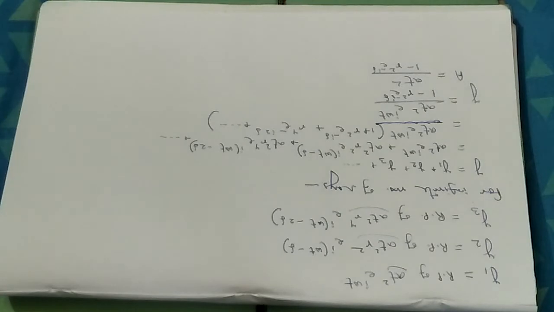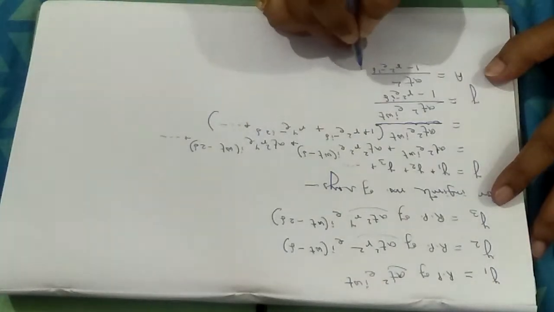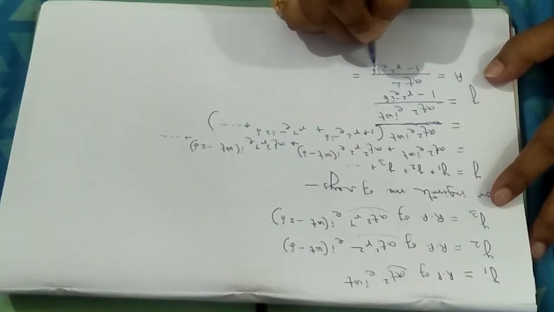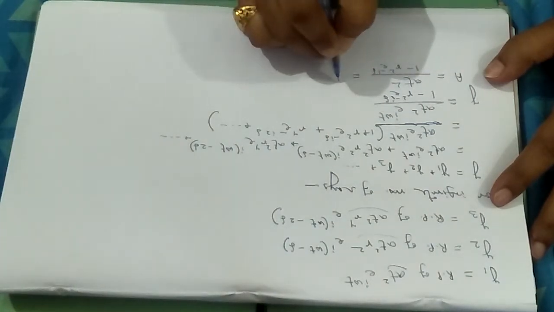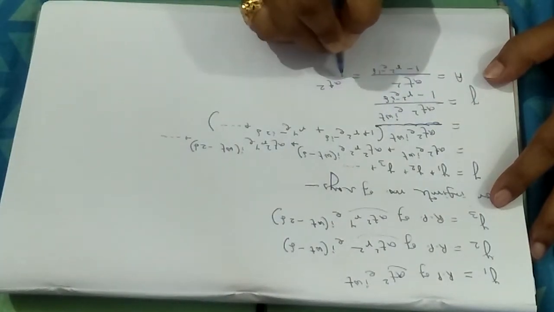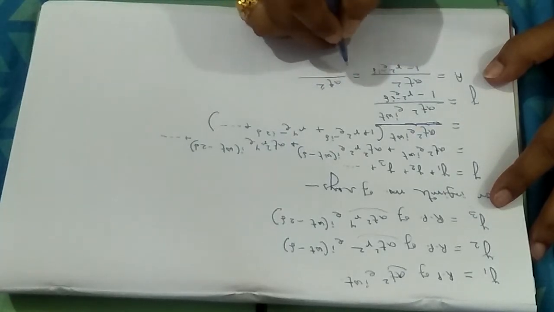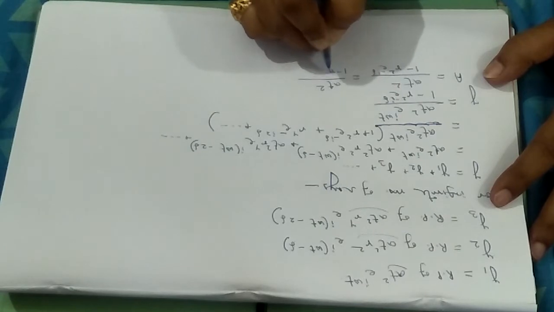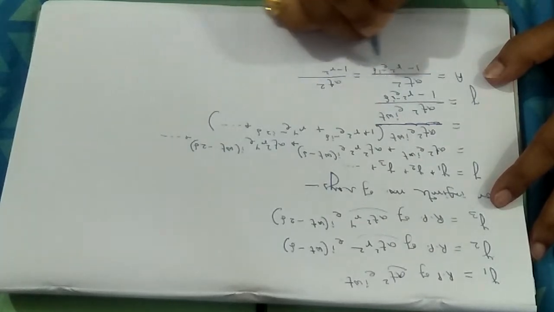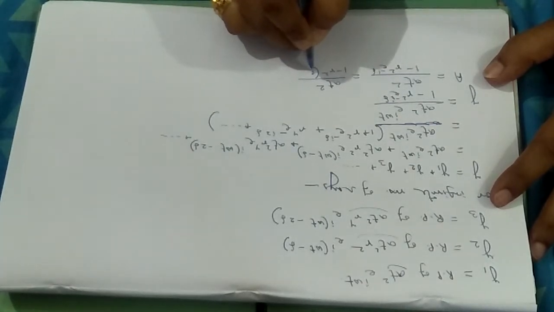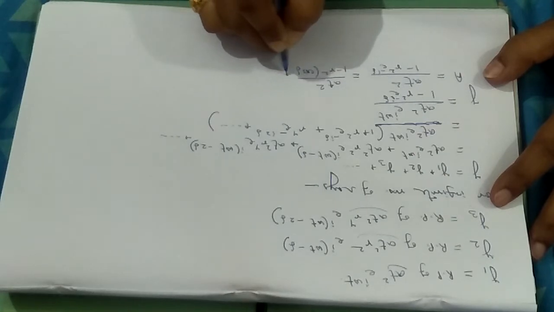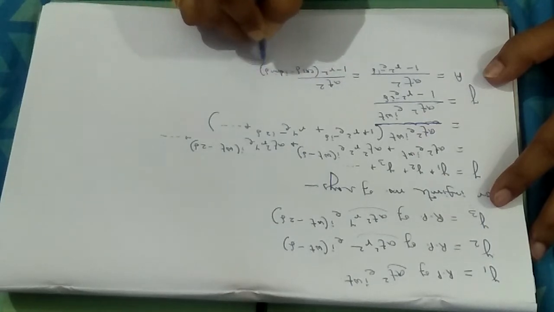If it is now known to you, you can easily calculate the intensity. How? We can expand e to the power minus i delta, using e to the power minus ix equals cos x minus i sin x. So you can write it as 1 minus R square, then e to the power minus i delta, which is cos of delta minus i sin of delta.